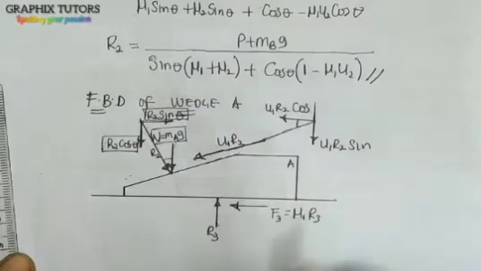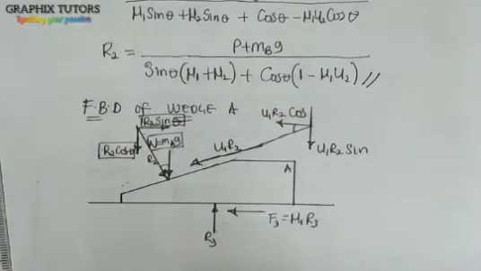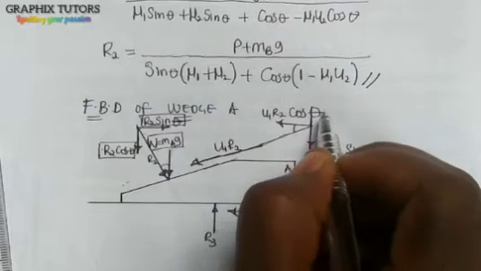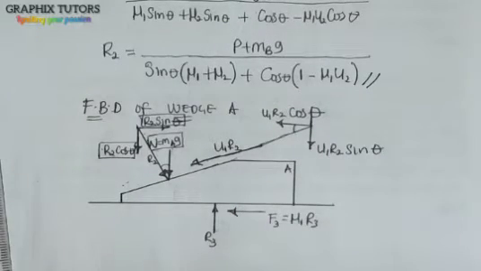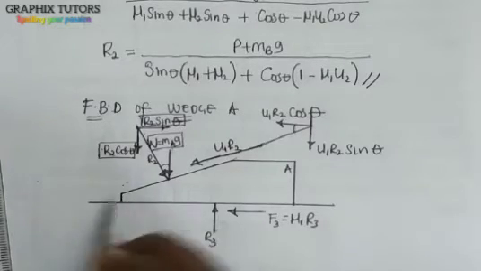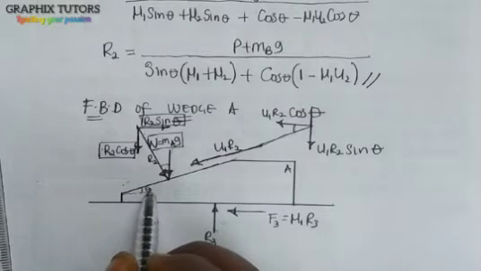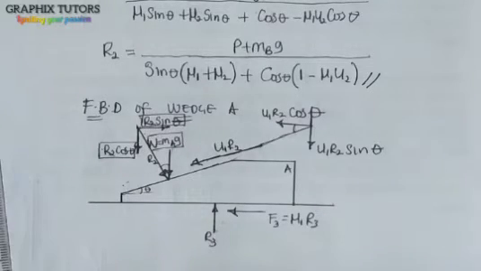Sine. Is that okay? Sine theta and what? Cos theta. So we successfully drawn out all the reaction. Are we good? We are still working against this guy here. This is still theta here that we are working with.